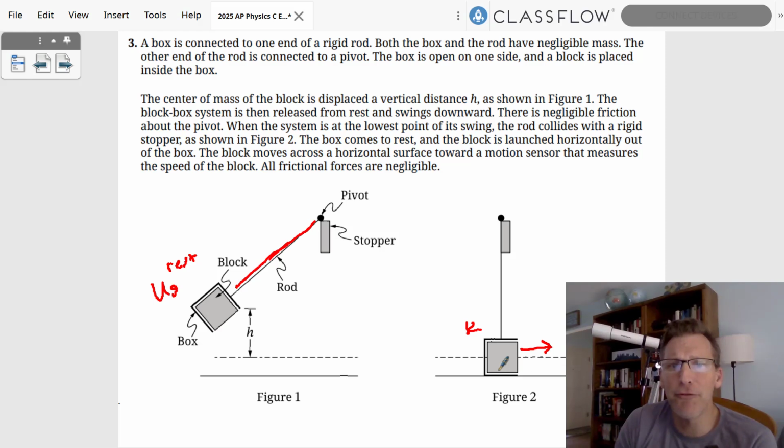The block's going to be flying out of here, and you can see it says the block is launched horizontally, and it moves along a surface towards a motion sensor that measures the speed. So it comes out with a velocity. It's got a motion detector right here that's going to measure the speed of that block.